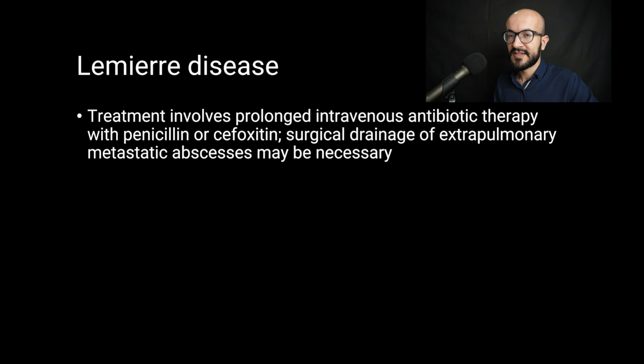Treatment of Lemierre disease involves prolonged intravenous antibiotic therapy with penicillin or cefoxitin, and surgical drainage of extrapulmonary metastatic abscesses may be necessary. And with that, we reach the end of this video.